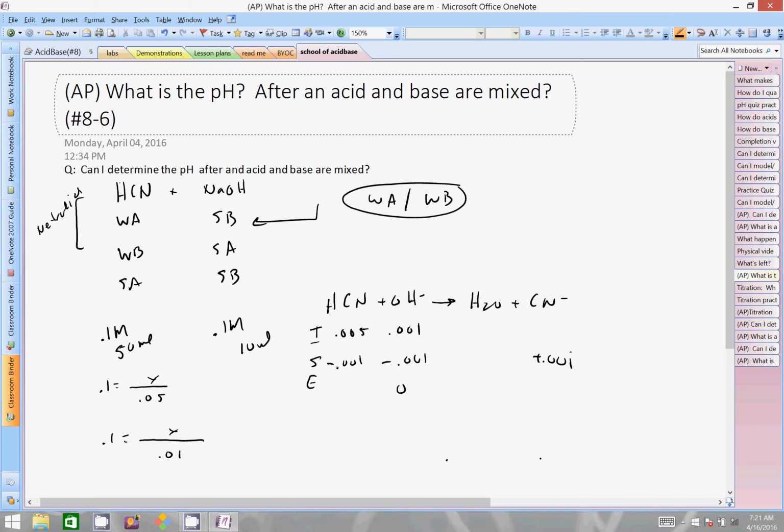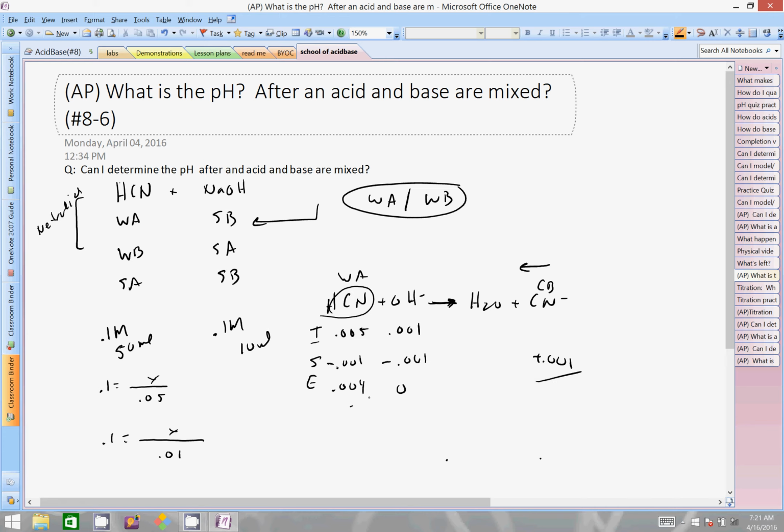Now, you should be aware that this weak acid is pushing in this direction, but this is the weak acid, this is the conjugate base, and that guy will be pushing backwards, as we'll see in a moment or two. Either way, at this point, I have lost 0.001 of this, I've gained 0.001, and I have 0.004 left.